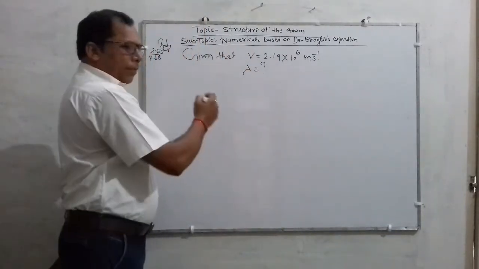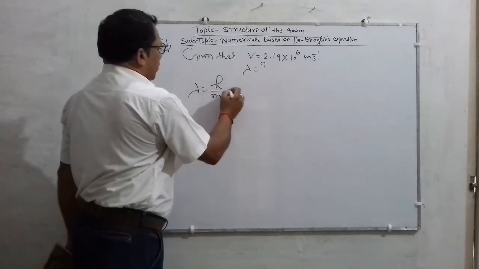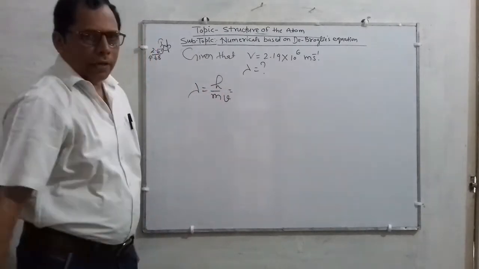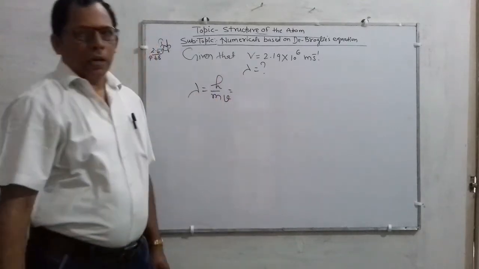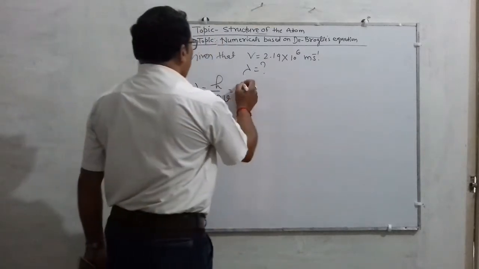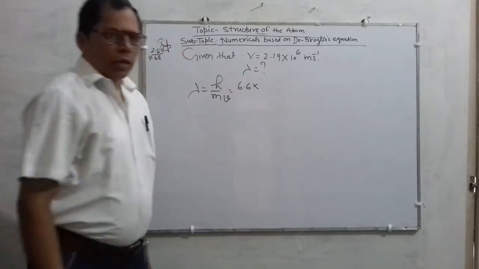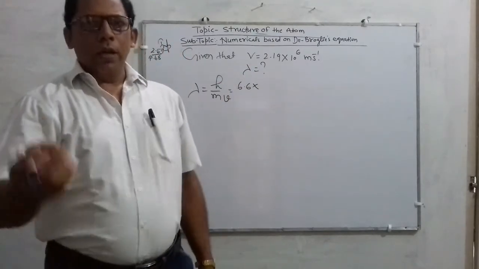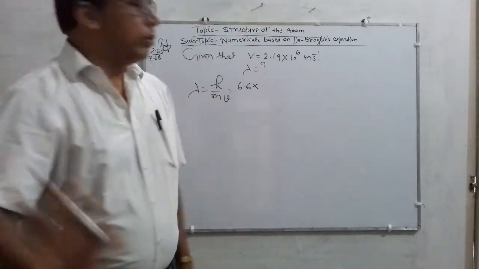So utilize the same formula as you know. Lambda is h by mv, where lambda is wavelength, h is Planck constant, m is the mass of the particle, and v is the velocity of the particle. So put these values. The value of the Planck constant is, as usual, 6.6 into 10 to the power minus 34 joule second.